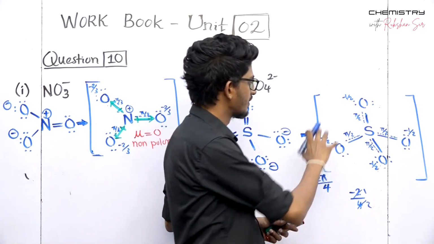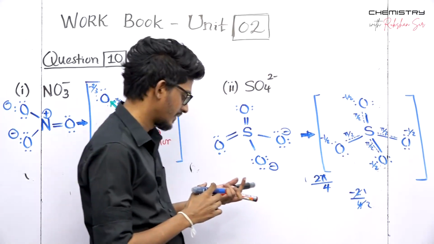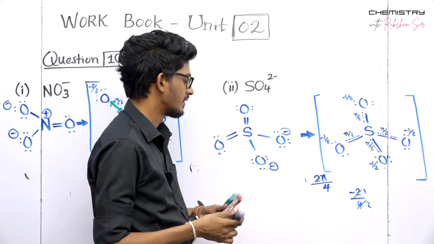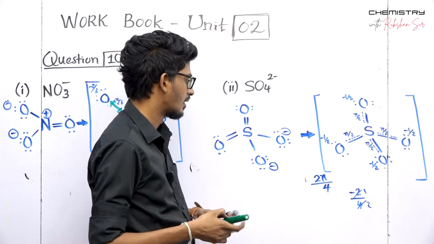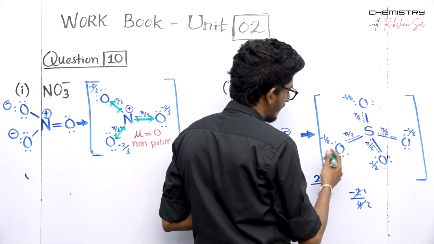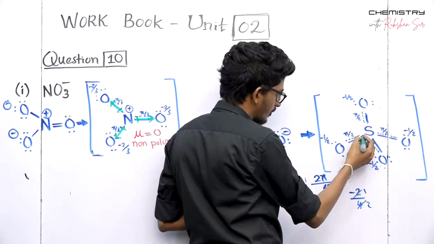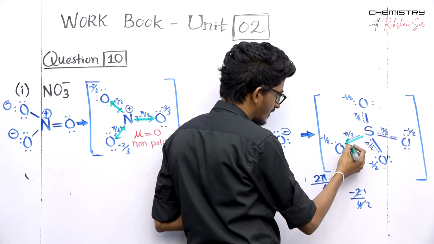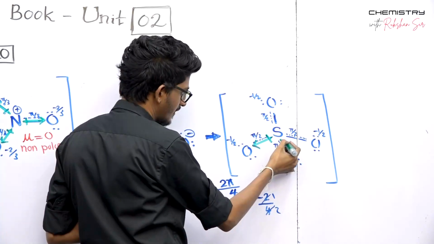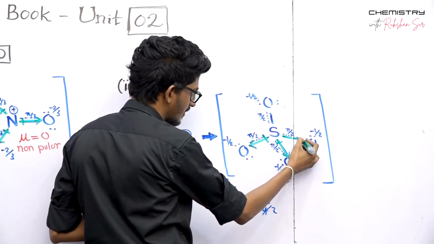So after writing the structure with the correct shape, we should come up with the dipole moments of each and every bond, right? The bonding electrons are attracted to the oxygen, as oxygen is more electronegative, so we can mark it like this: dipole moments. A dipole moment is a vector with some magnitude as well as a direction.